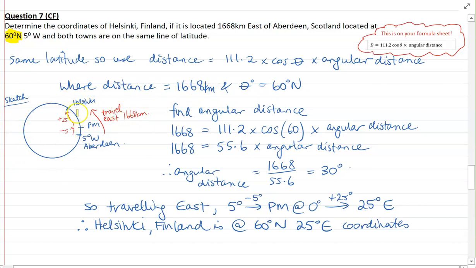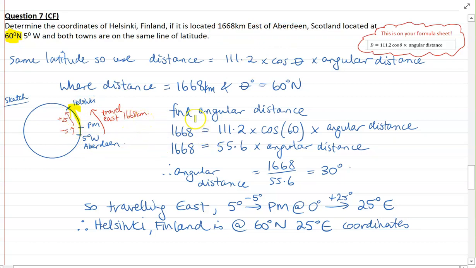If I do a little sketch, like you're looking down on the Earth, you've cut it in half, and I'm looking here at Helsinki and Aberdeen, and I'm traveling east because it's east of Aberdeen, and that distance I'm traveling is 1,668 kilometers.